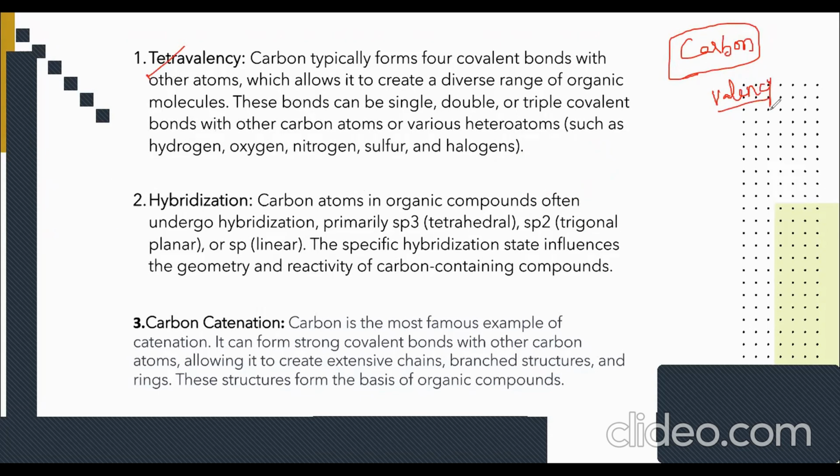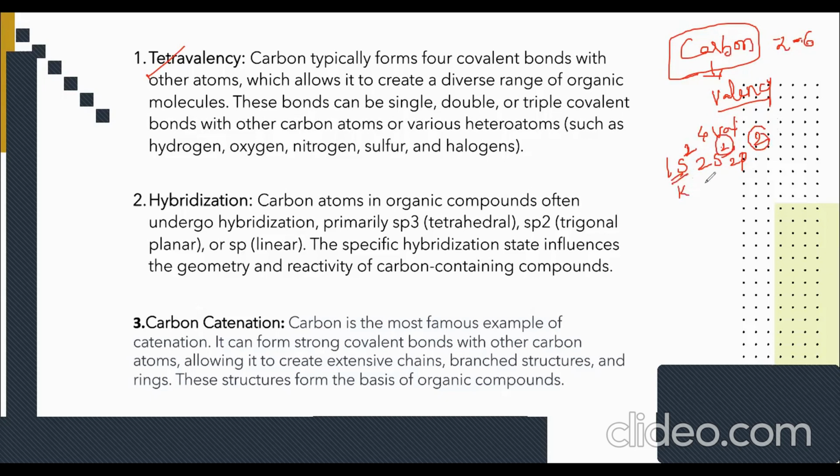Tetravalency means the outermost orbit has 4 valence electrons. The atomic number of carbon is 6, right? So what is its electronic configuration? 1s2, 2s2, 2p2.